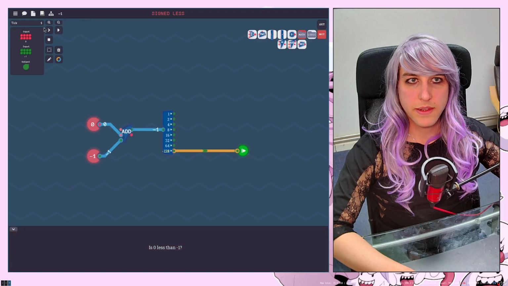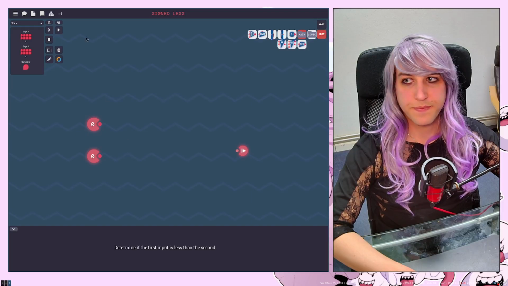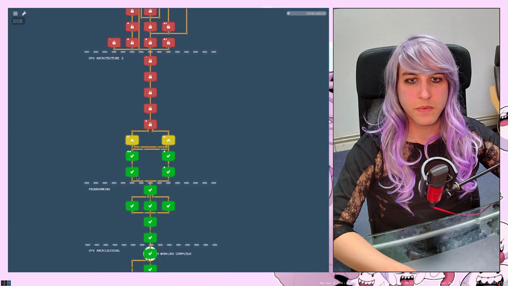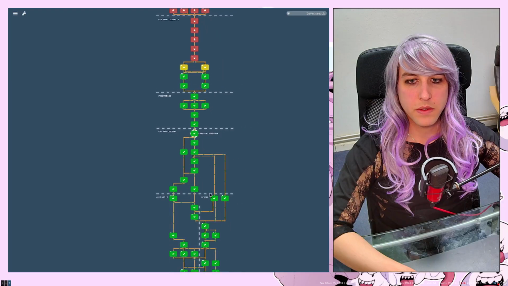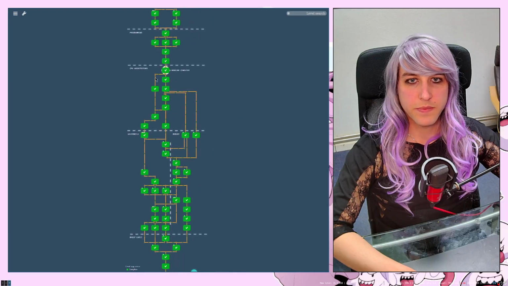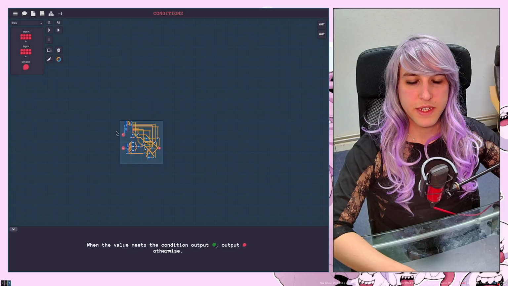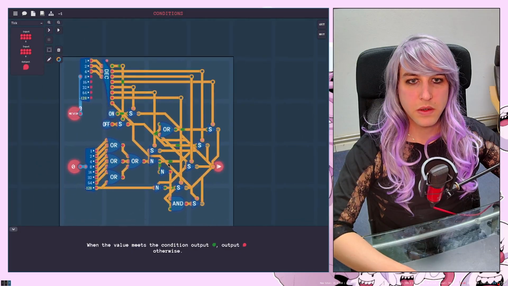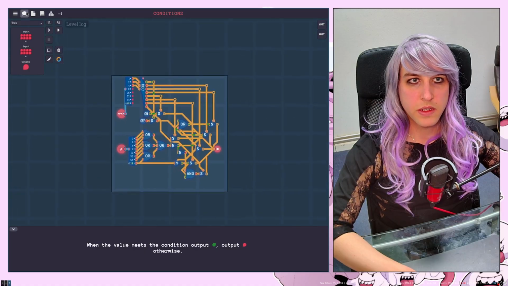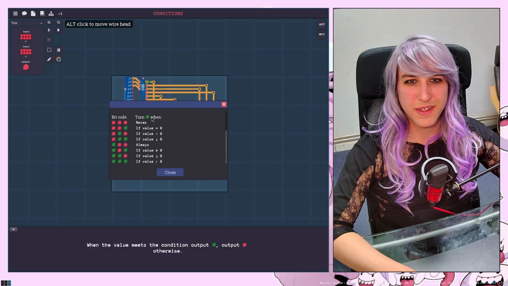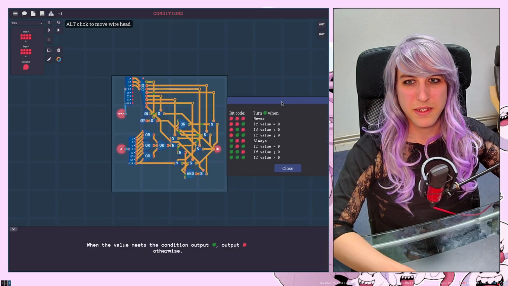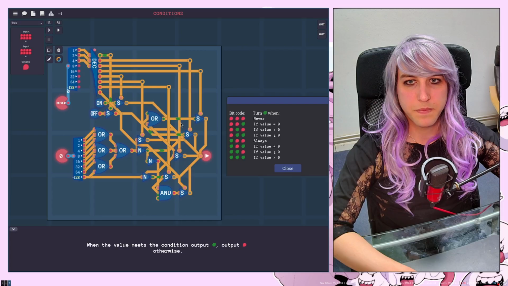Maybe if we just add them. No, all of this is wrong. I guess we're going to go by rebuilding just what we've seen already working in the conditions level. Oh, I wish this was a little bit more ordered, right? But it is gonna work anyway.